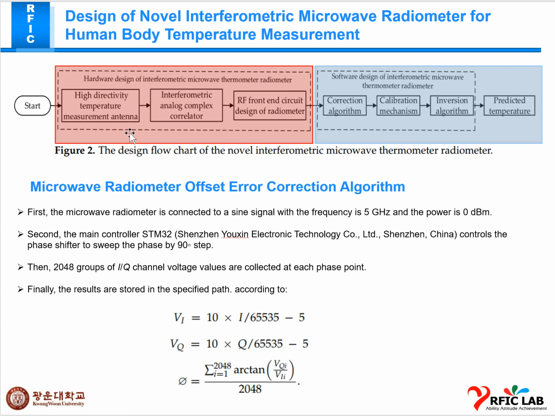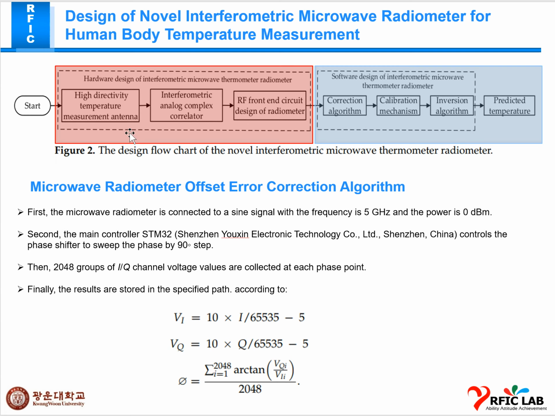This covers the hardware part, and next comes the software. In that also we have three sections. First is the correction algorithm, then the mechanism they used for calibration, and then the inversion algorithm, and then you can predict the temperature.